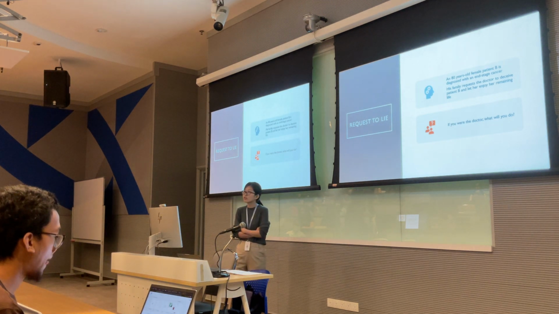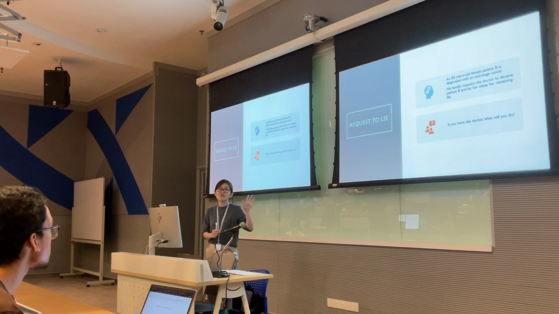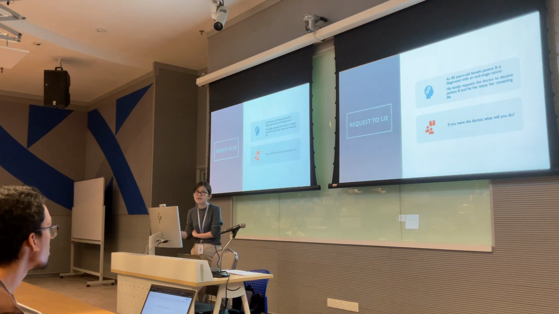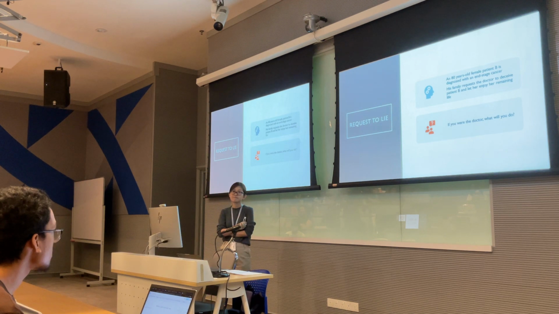So if you were the doctor, what will you do? Do you agree to deceive? Meaning, do you agree to hide from the patient, or even though the family already requests you not to inform the patient, are you still going to tell the truth to the patient? Anyone telling the truth?